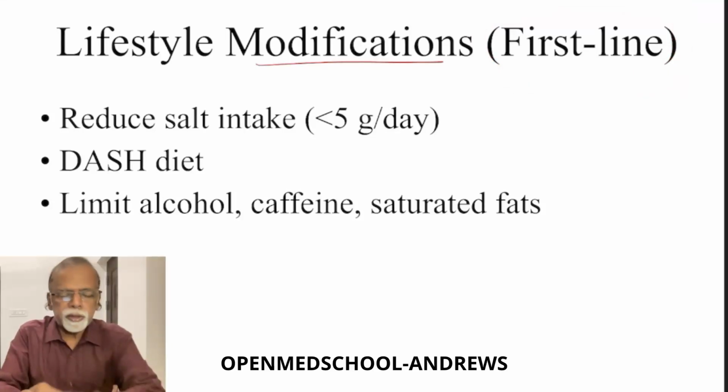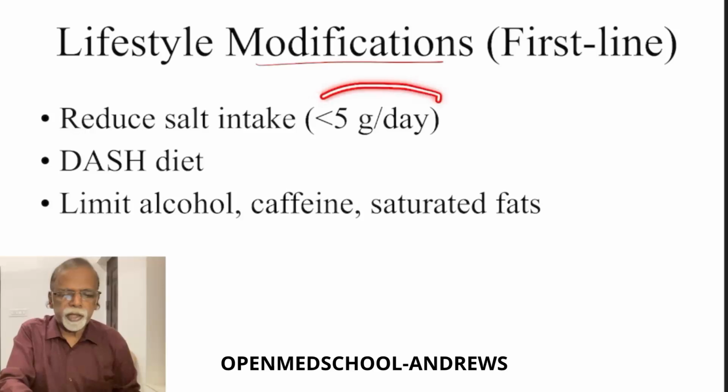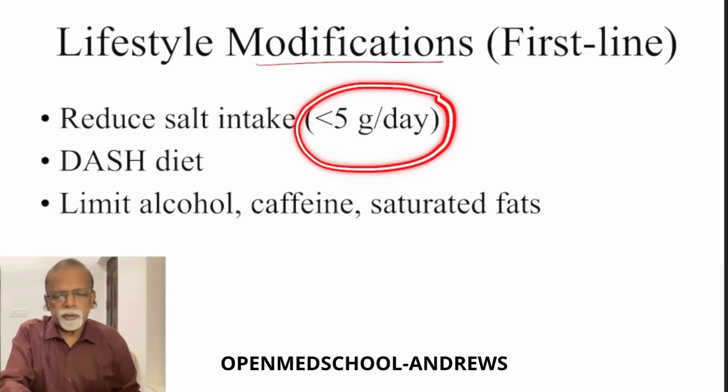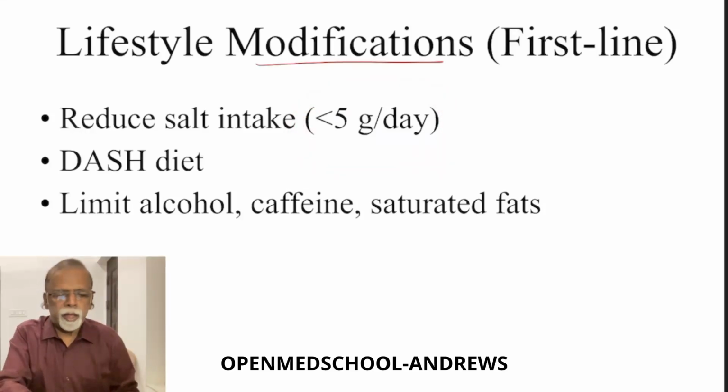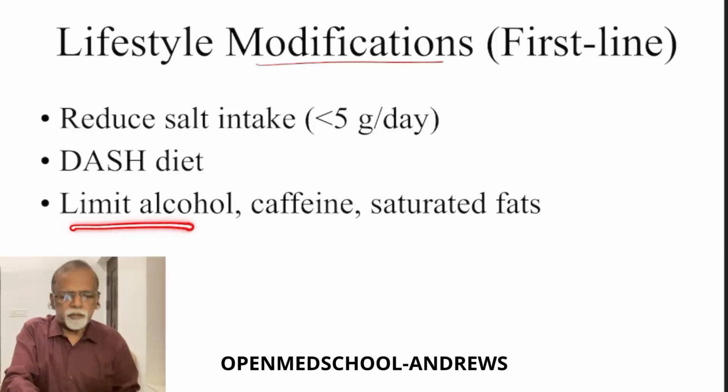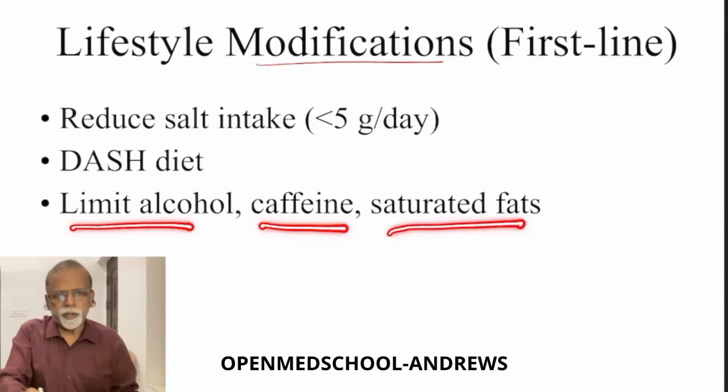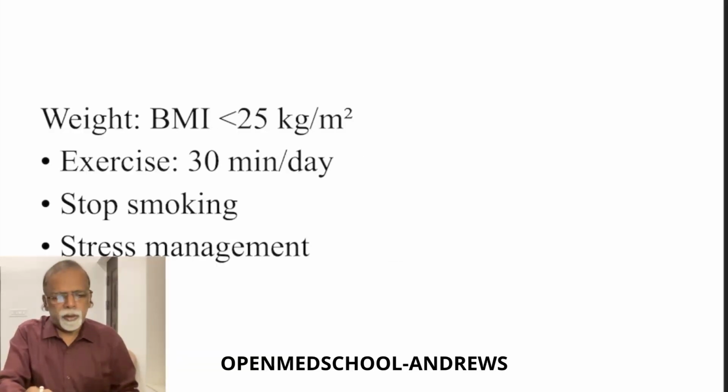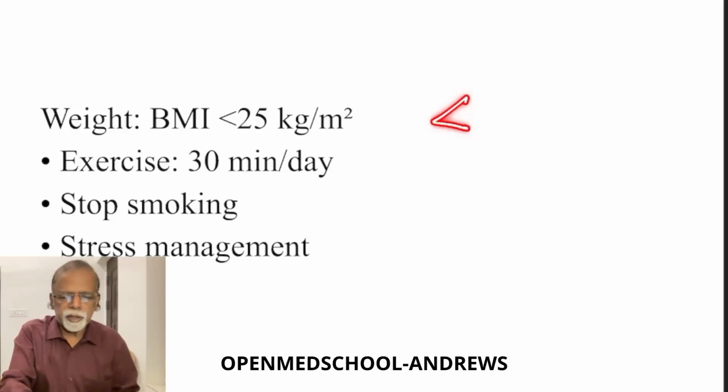We should try to reduce the salt intake to less than 5 grams. Added salt should be avoided. And the DASH diet is useful. Plenty of fruits. Limit alcohol, caffeine, and saturated fat. Then the BMI should ideally, for Indians, be less than 23.